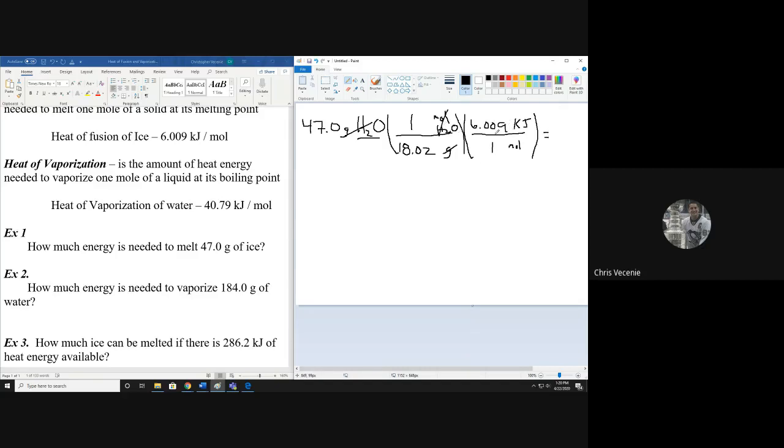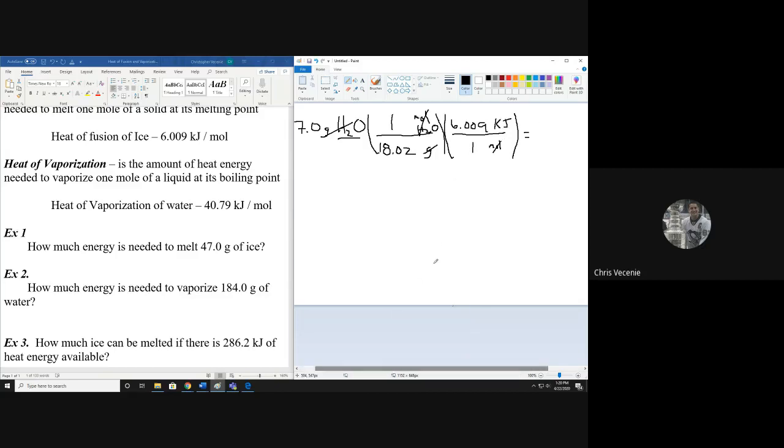Right? So we convert our moles into kilojoules. If we do that, you're going to end up getting 15.7 kilojoules of heat needed to make that ice cube melt. And so if we start in grams, we can convert to moles, and you can use this value or this value to get to kilojoules.